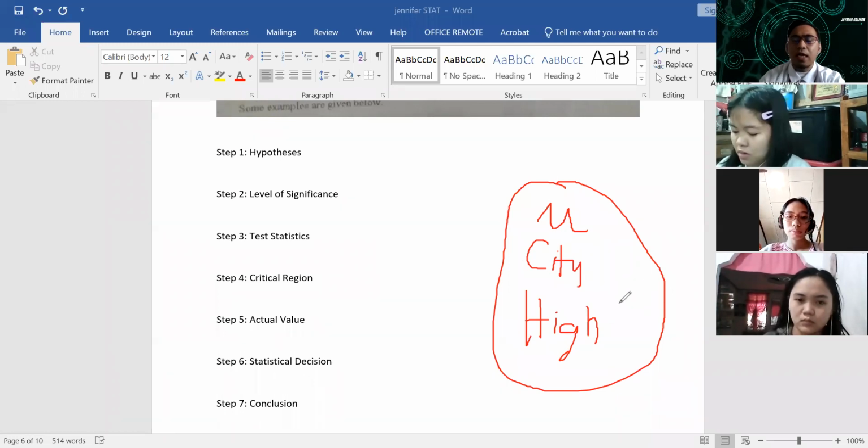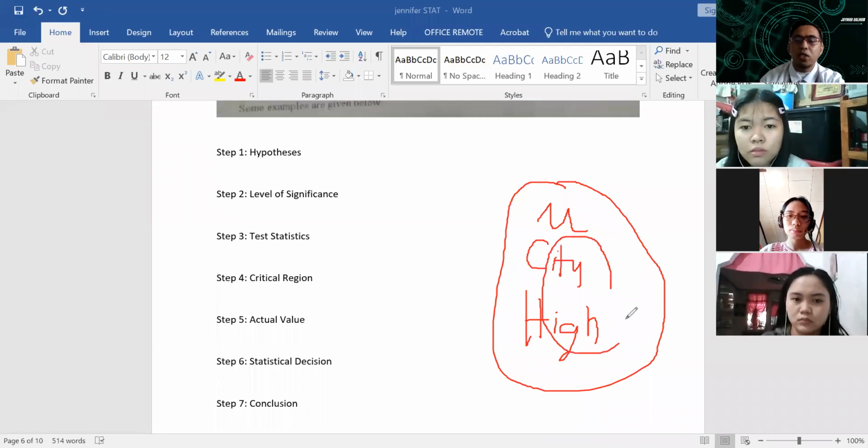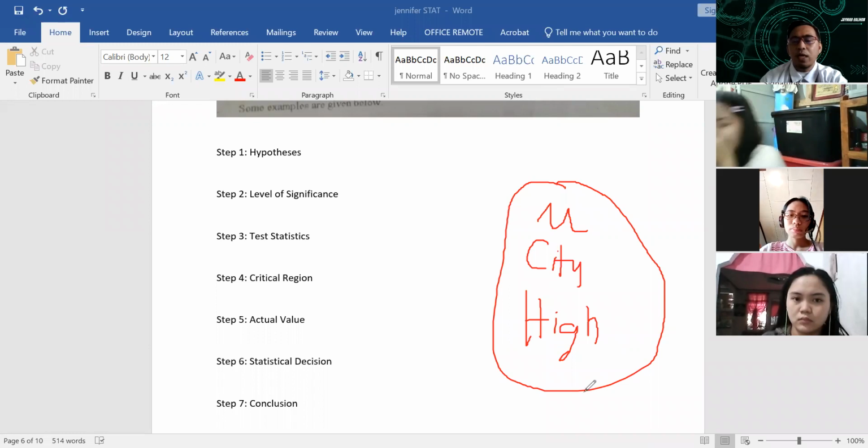Dili no. Ang pinahimo ana class magkuha ra ka og sample, especially if you're studying kanang dako nga population, example City High. Dako man na. So ang inyong himuon ana class, you will get a sample.